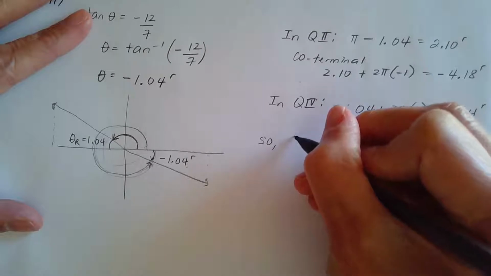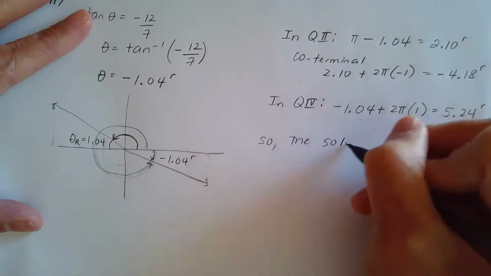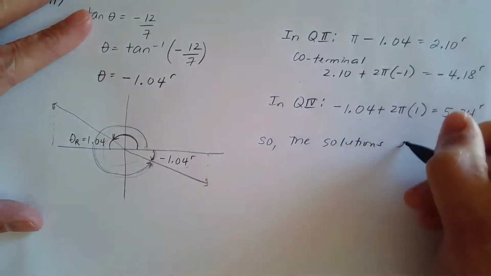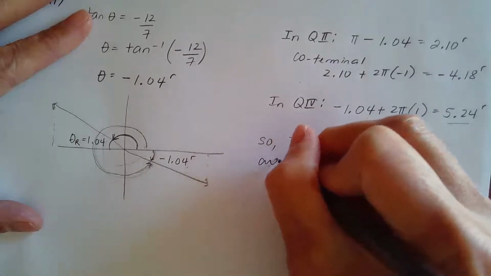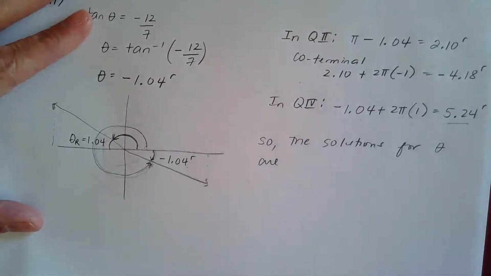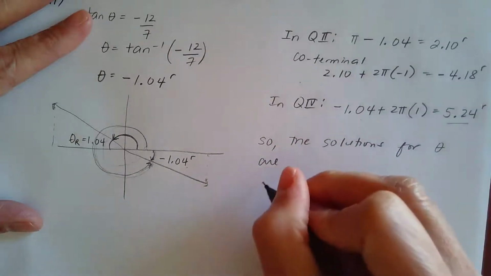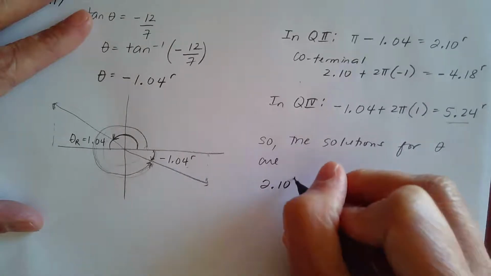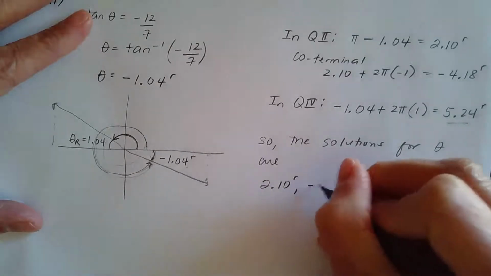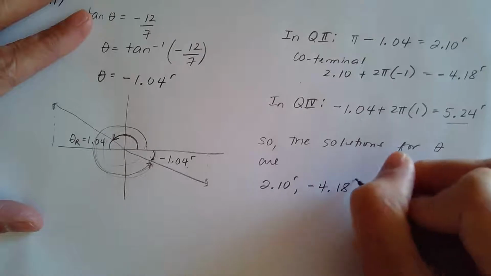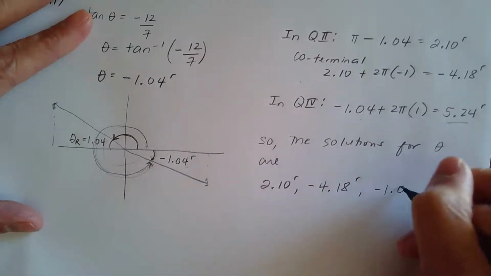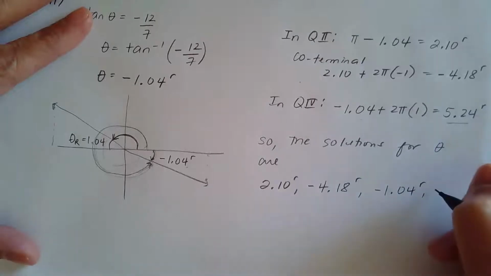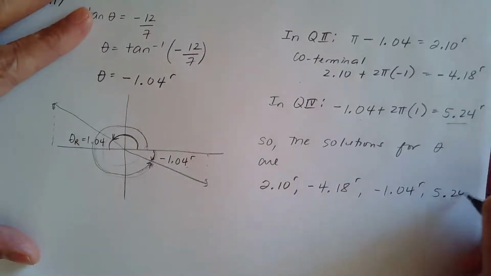So the solutions for theta are 2.10 radians, negative 4.18 radians, negative 1.04 radians, and finally 5.24 radians.